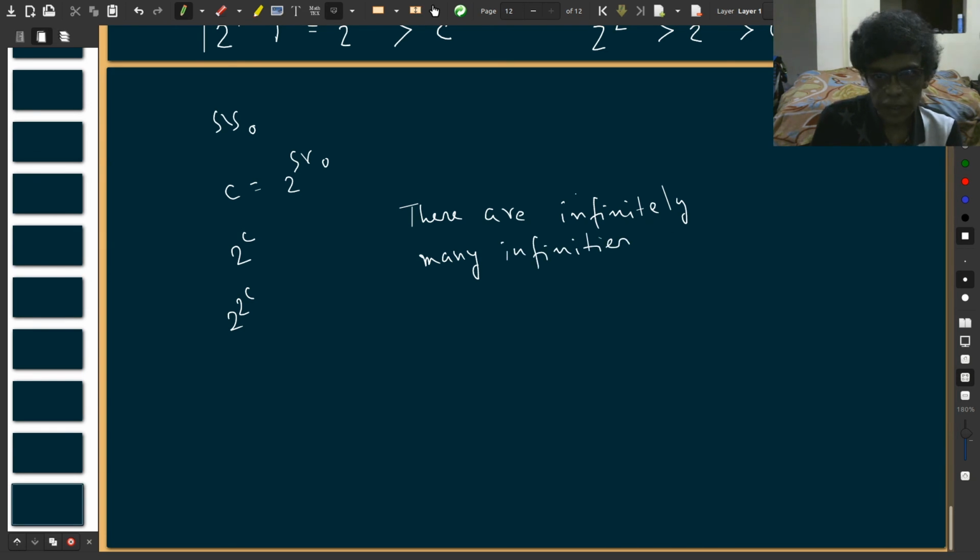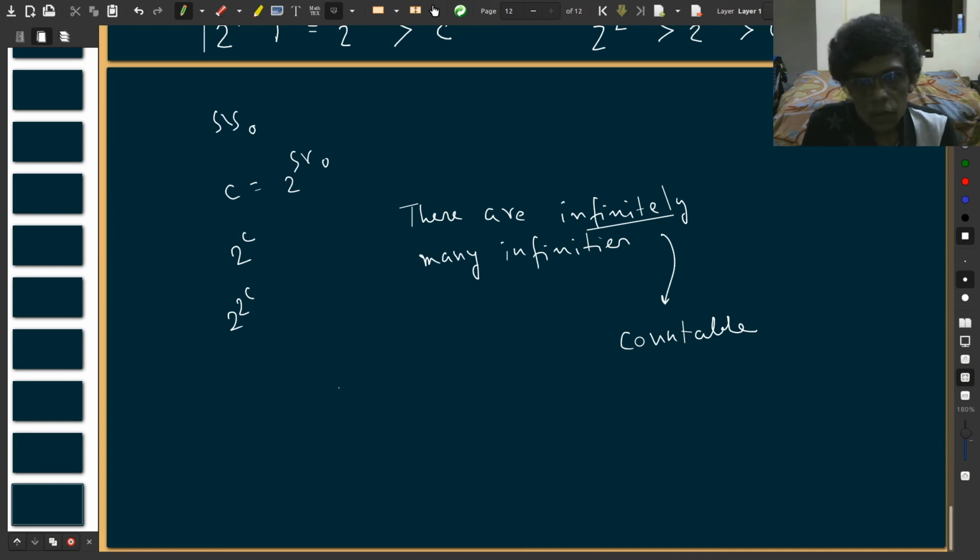But this infinitely is actually the countable sets. Because this process is a countable process, right? Start with something, in the next step, in the next step, in the next step, step 1, step 2, step 3, step 4. Okay. So, at least you can see countably many infinities.